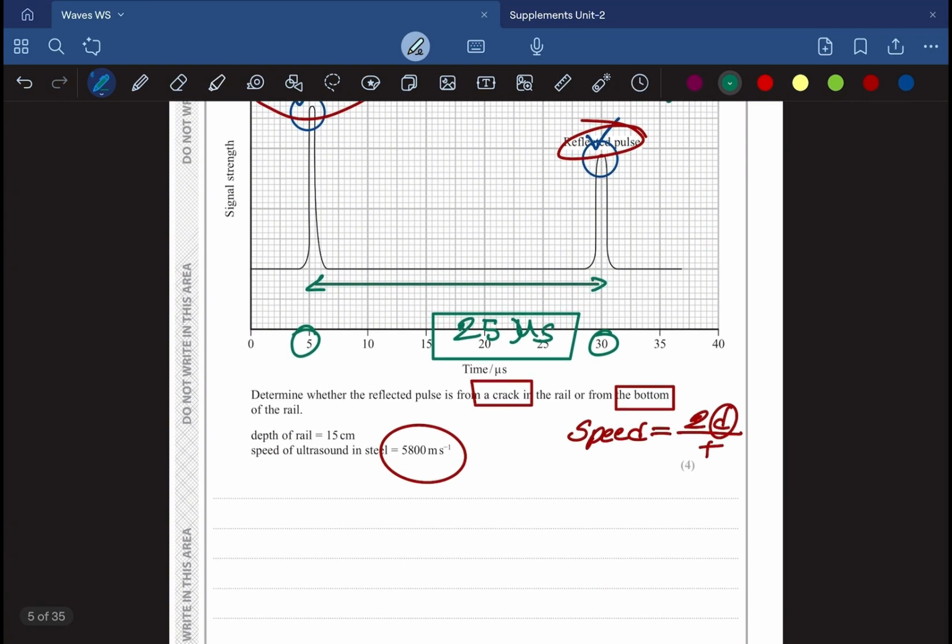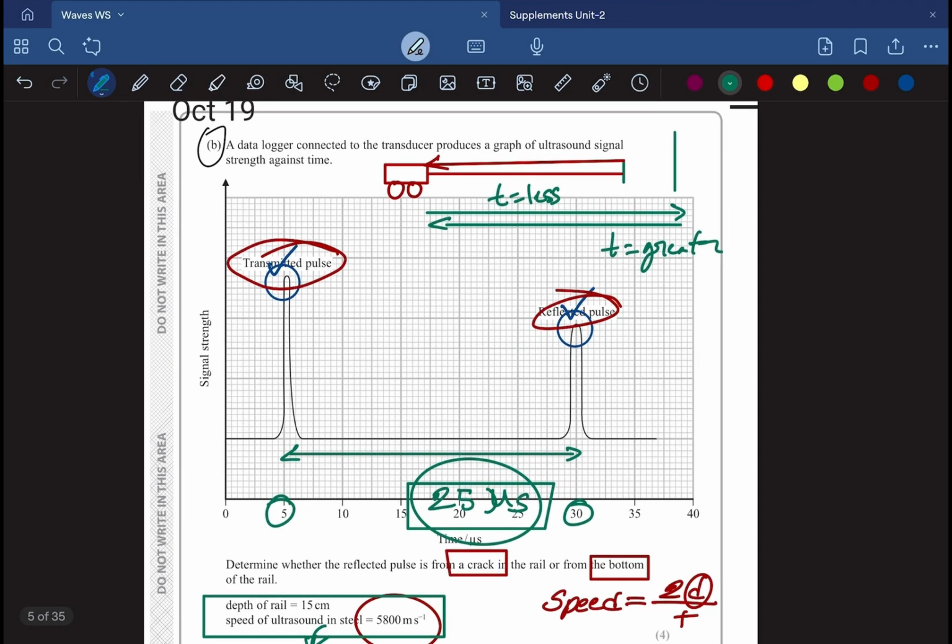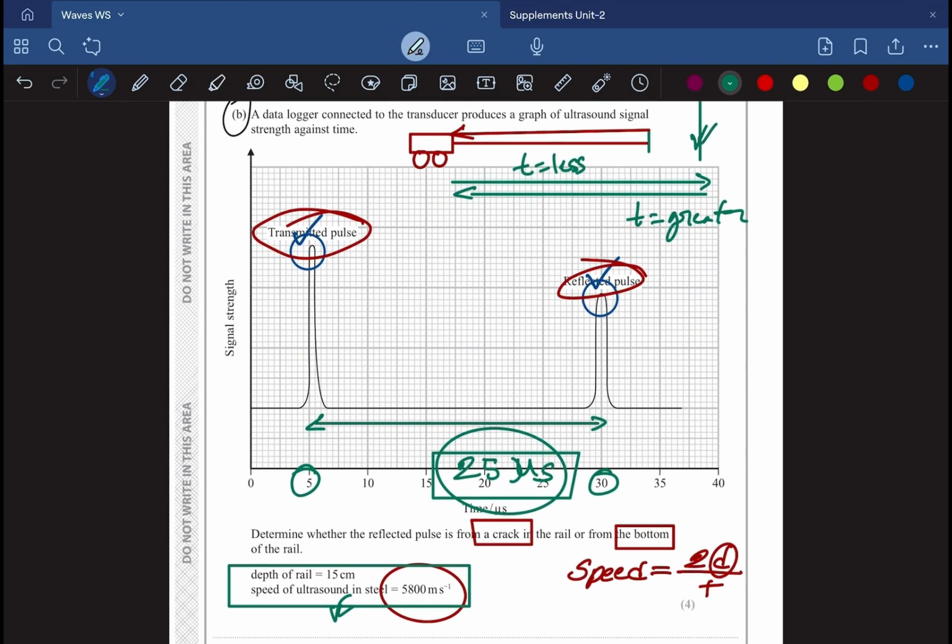Now we will use this data to figure out the expected time that it should take if it has reached the bottom. If the time it has taken is equal to or greater than the expected time to come back from hitting the bottom, then we can say yes, it has hit the bottom.